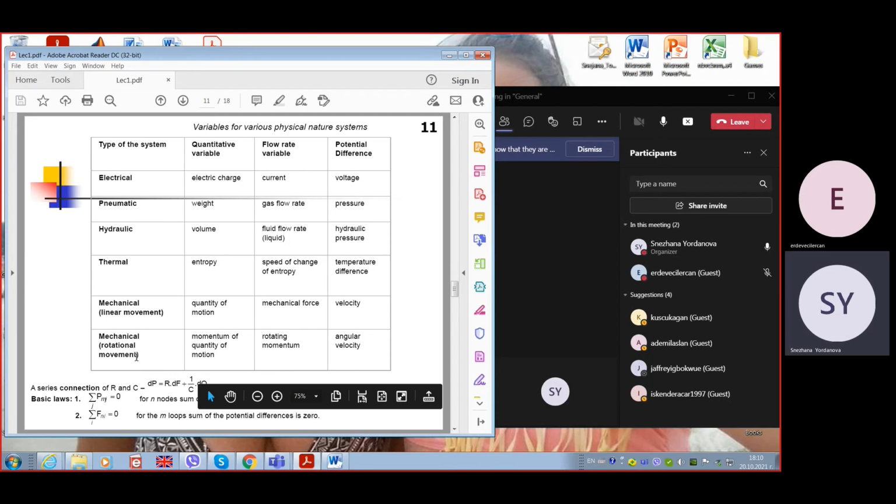Most often, or the general analog based on analog of signals and elements, components, we usually use electrical circuit.